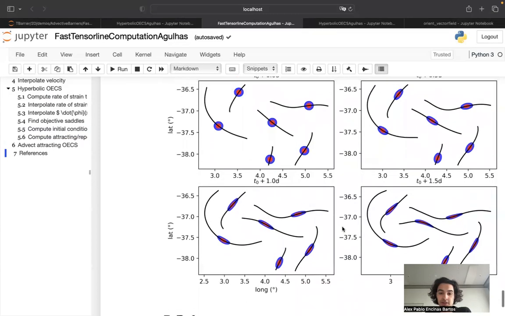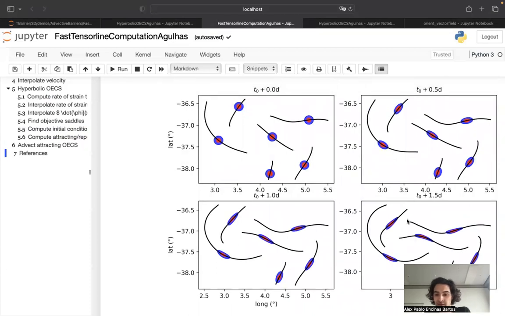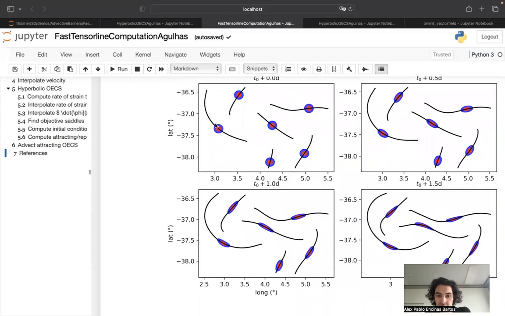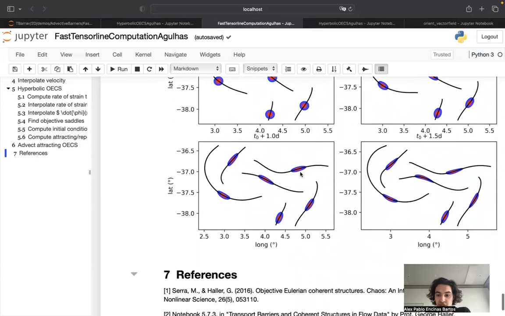And in fact, that's what's happening. So here I did the simulation for up to 1.5 days, and you can see that an initially perfectly circular material element will get stretched significantly along the so-called attracting OECSs, or also stretch lines.